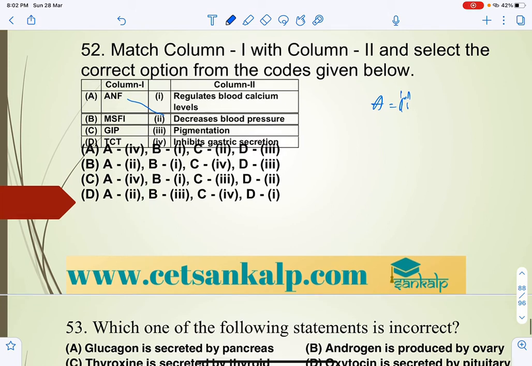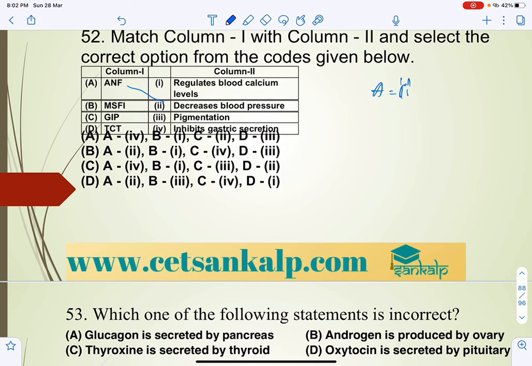Generally we can say the hormone melanocyte stimulating factor, MSF.